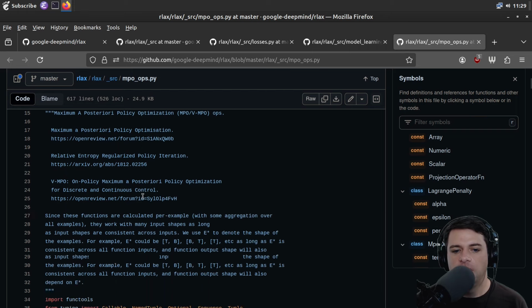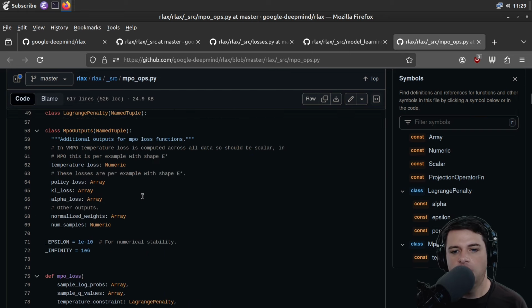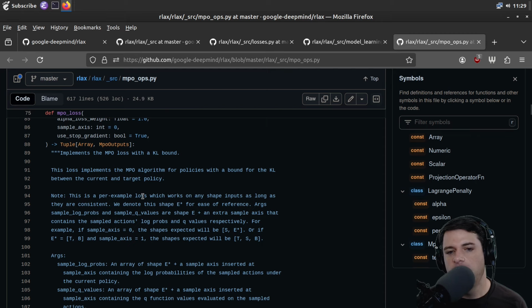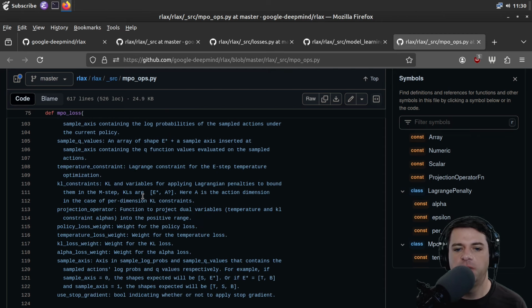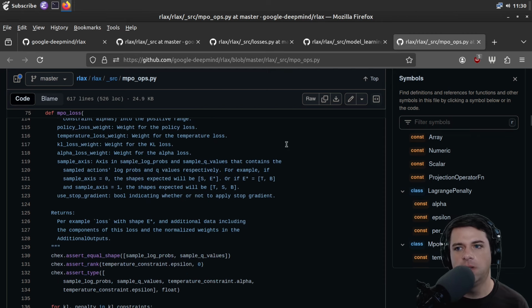I think that now I understand pretty much what's going on here. I don't understand the specifics of most of these things. I think to really understand the specifics, in many cases, you'd have to read the paper.